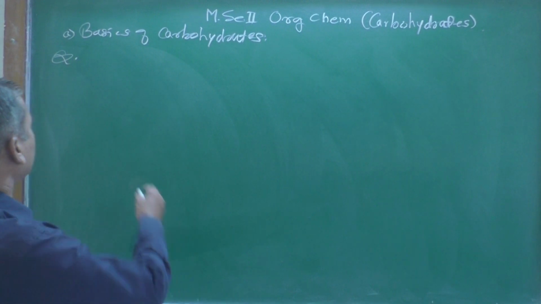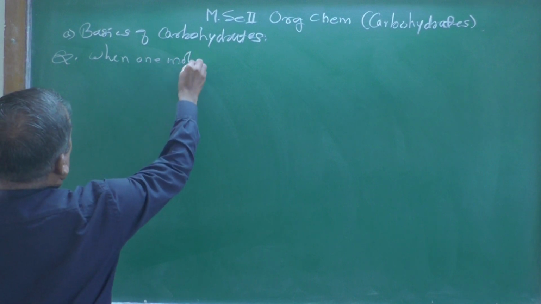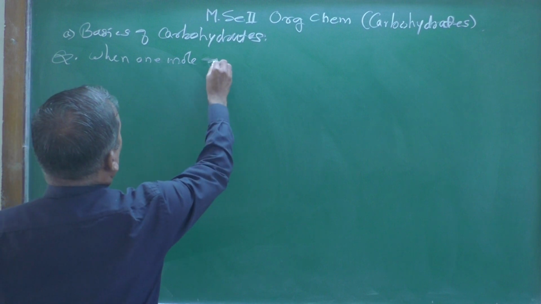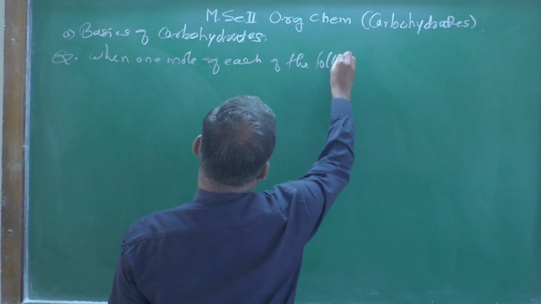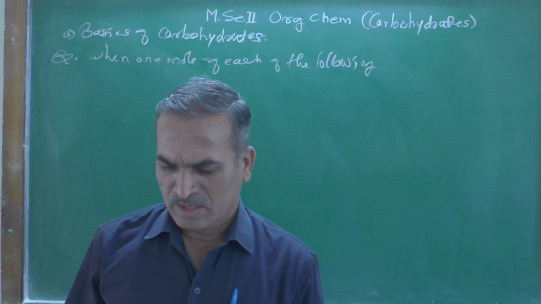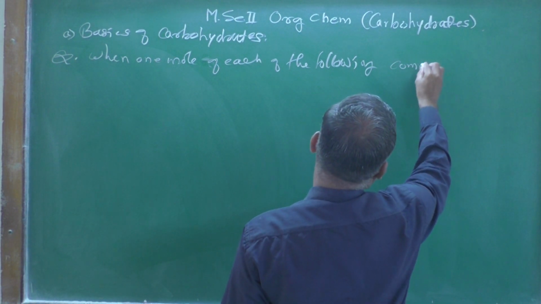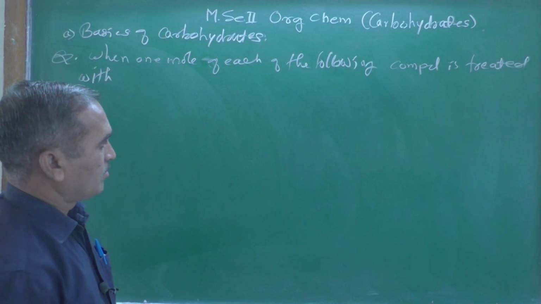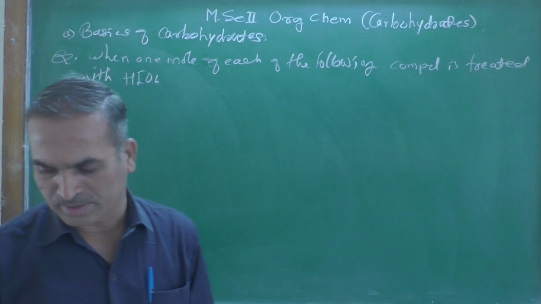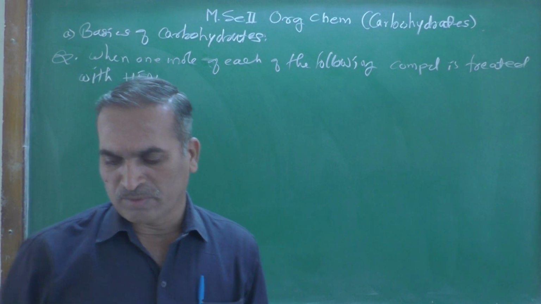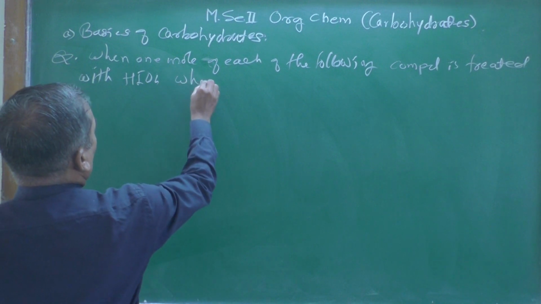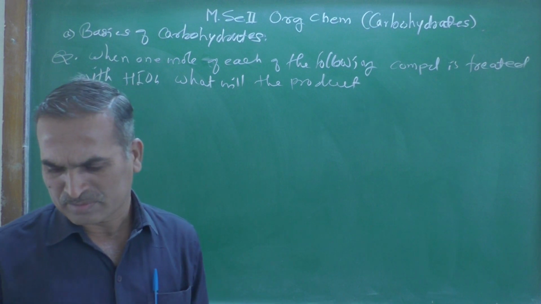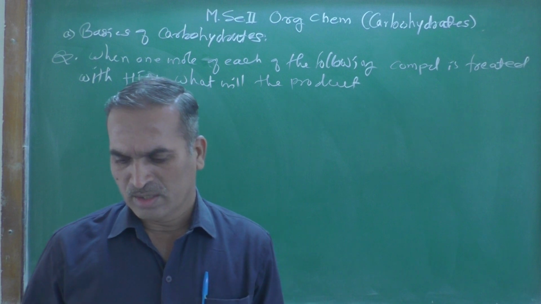When 1 mole of each of the following compounds is treated with periodic acid, HIO4, what will the product be?